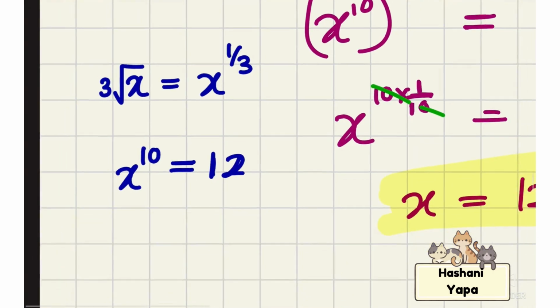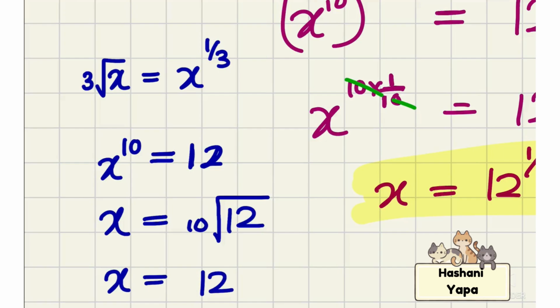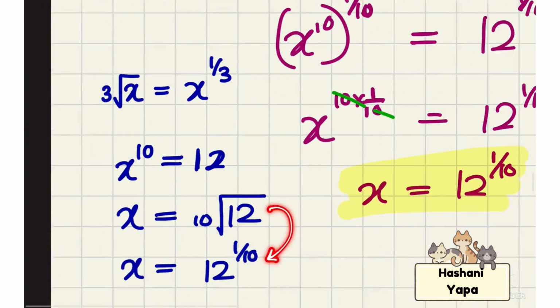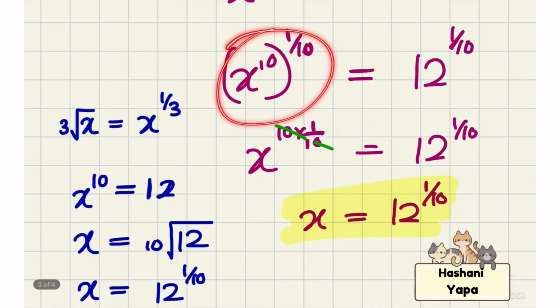So you will know to write it as the tenth root of 12. Then x equals 12 to the power 1 over 10. You would be able to convert this to this. So if you knew it already, you wouldn't have to go doing these again.